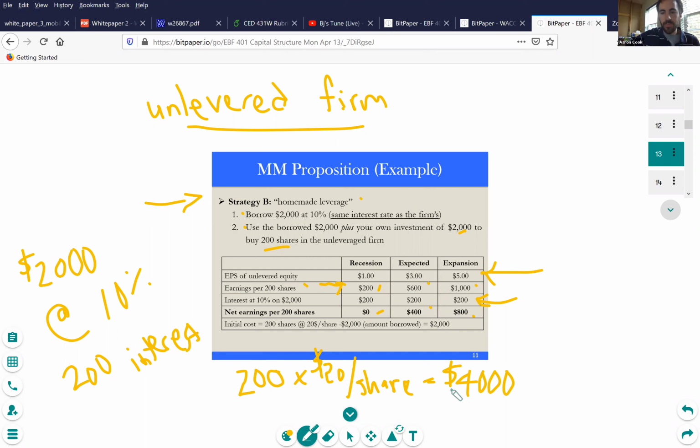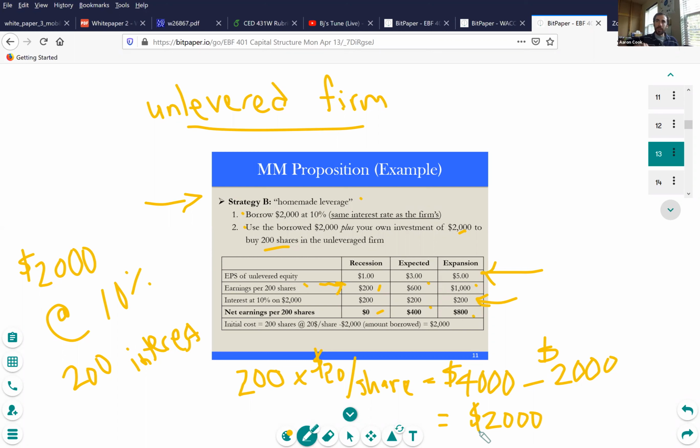And then half of this actually wasn't his own money. Half of this was the borrowed money. And so if we take off the amount that he borrowed, remember he has to pay that back, but that wasn't actually his own money to begin with. We subtract off that borrowed money, we end up with an overall cost to this investor of $2,000. And this includes the interest payments that he had to pay.